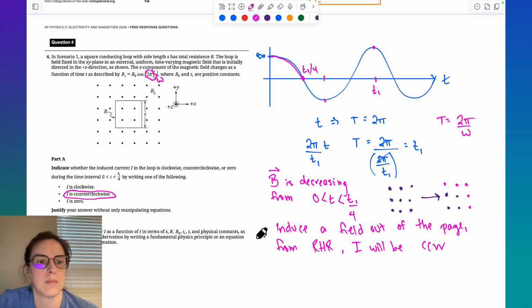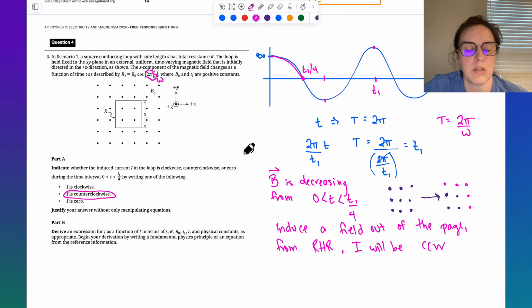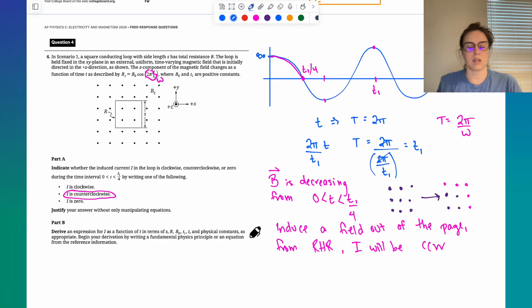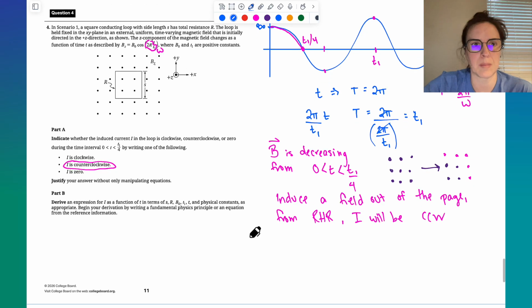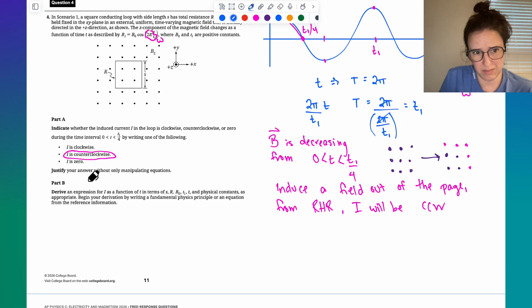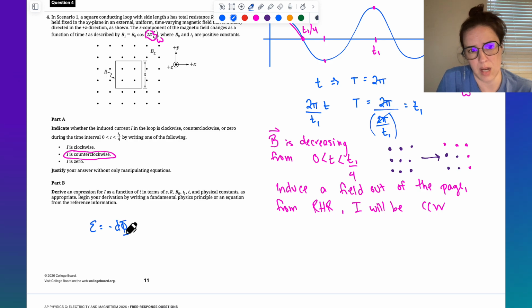Nice. All right, so now we want to derive the expression for I as a function of t in terms of S, R, B naught, T1, t, and physical constants as appropriate. That's going to be the Faraday's law side of it. If you remember, your induced EMF goes like negative d flux dt.